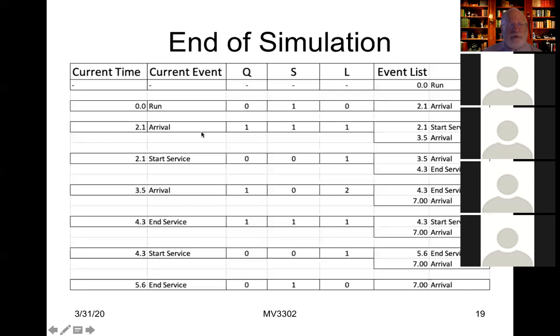At time 2.1, it became 1 and then went back down to 0. And then 3.5 became 1, 4.3 became 1, etc. So for our 3 state variables, we have our state trajectories. And from those state trajectories, we can extract our statistics. That is what we want to find out about this model.